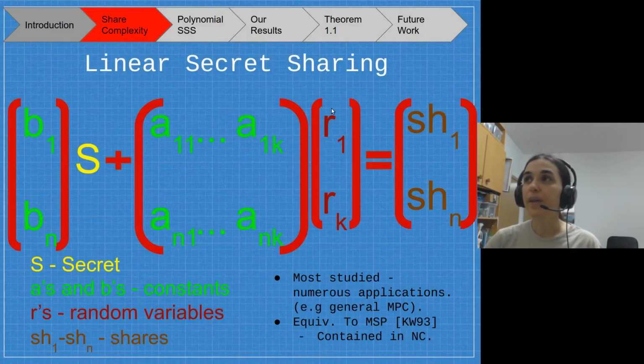A very popular set of secret sharing schemes are linear secret sharing schemes, where each share consists of one or more linear combinations of the secret, which is a single field element over some finite field, and the randomness elements, some k elements, which are also elements of the same field. So we can write it this way.